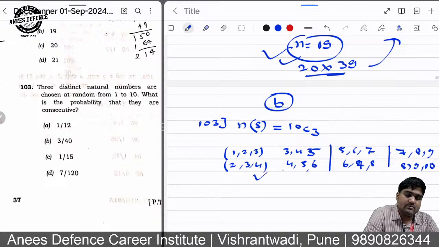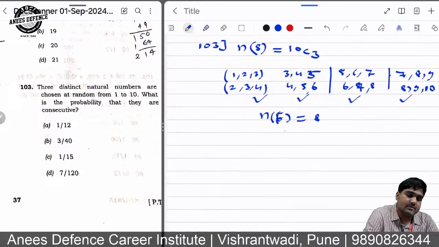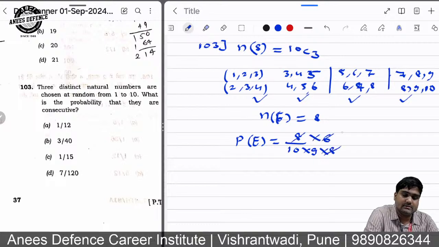So the favorable outcomes are 8. So the probability of getting 3 consecutive numbers is 8 upon 10C3. 10C3 is 10 into 9 into 8 upon 6. Cancelling, 3 twos are 6, 3 threes are 9, we get 1 upon 15. So the answer for 103 is option C.